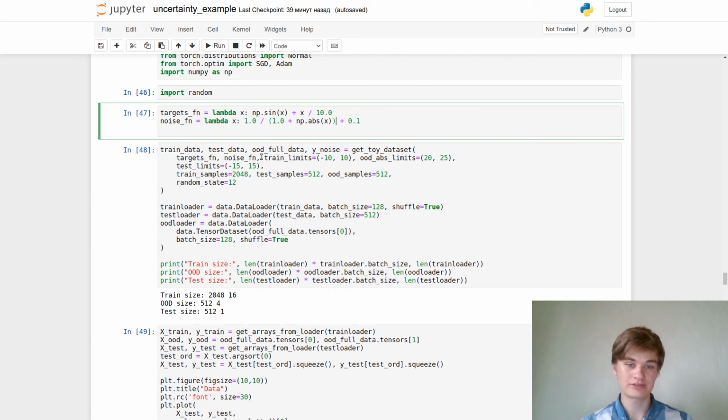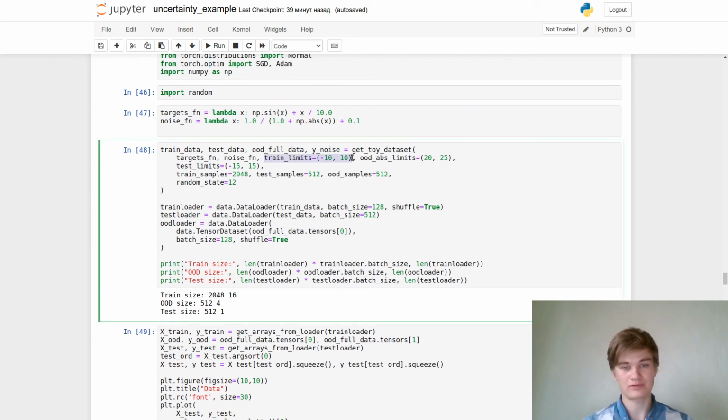Yes, additional parameters here. We have train limits, limits for our train data. So x's in train are from -10 to 10. We have out of domain regions from 20 to 25, and from -20 to -25.